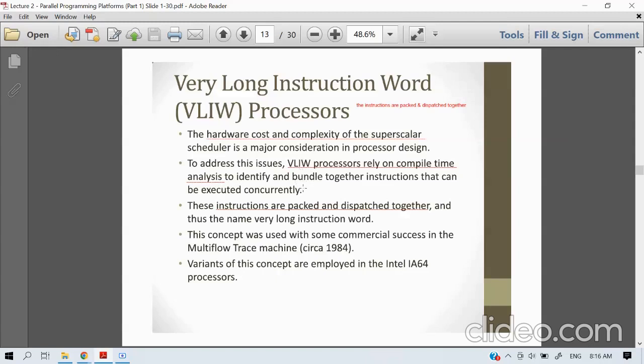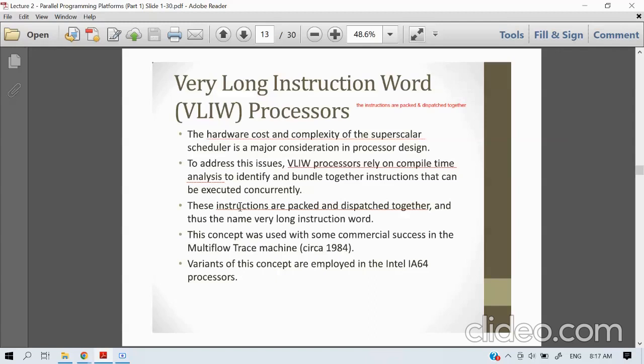VLIW will analyze the instructions during compilation time, identify which instructions can be executed concurrently, and bundle them together first. Then it will execute all the instructions that have been bundled together concurrently at the same time.